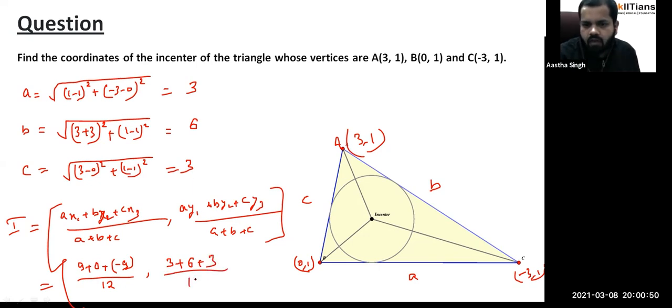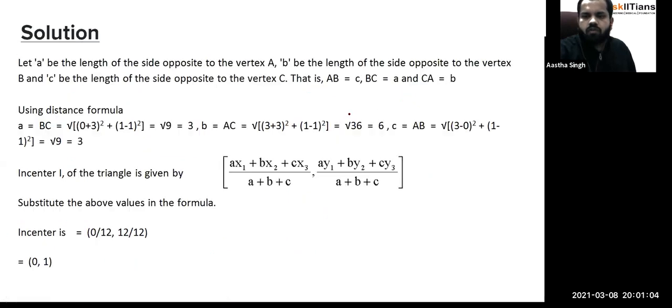So your incenter will be 9 minus 9 is 0, and 12 by 12 is 1. So the incenter will be 0, 1. Right guys? So this is how you solve it.